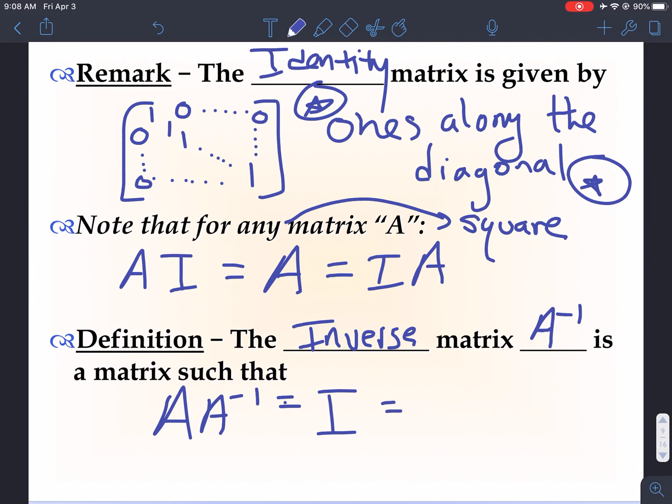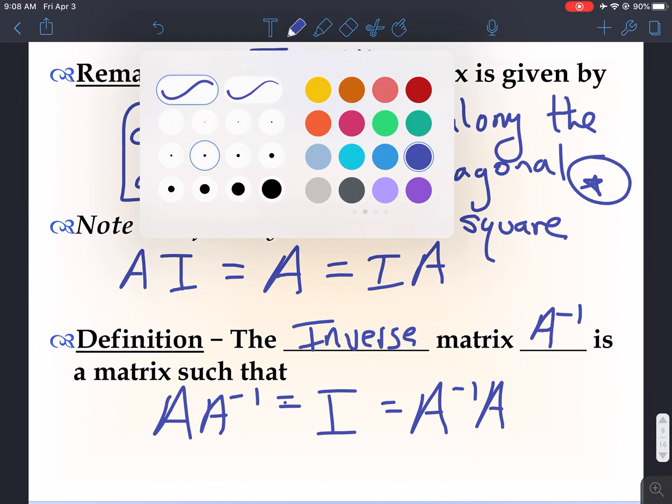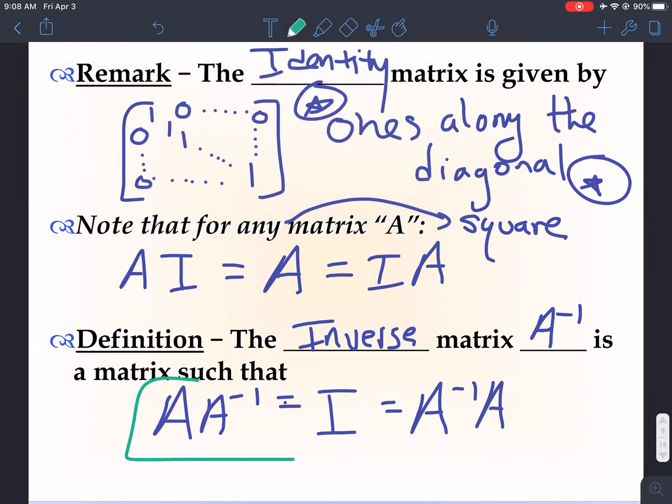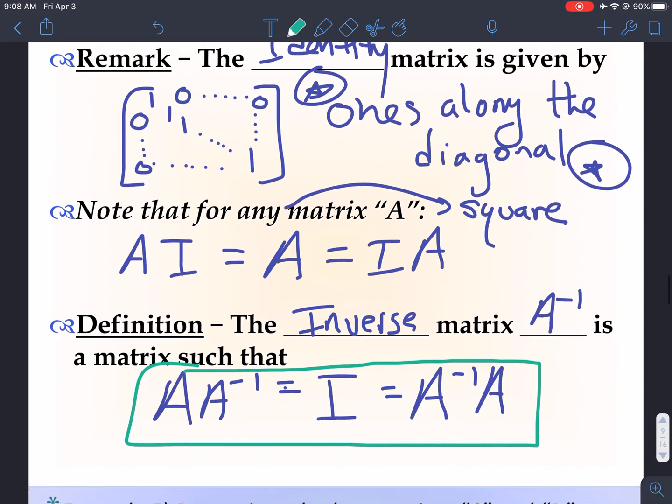And in this particular case, it is also commutative. A inverse times A will give you the identity matrix. Normally, matrix multiplication is not commutative. We are dealing only with the identity matrix, and so in this particular case, we can do that.